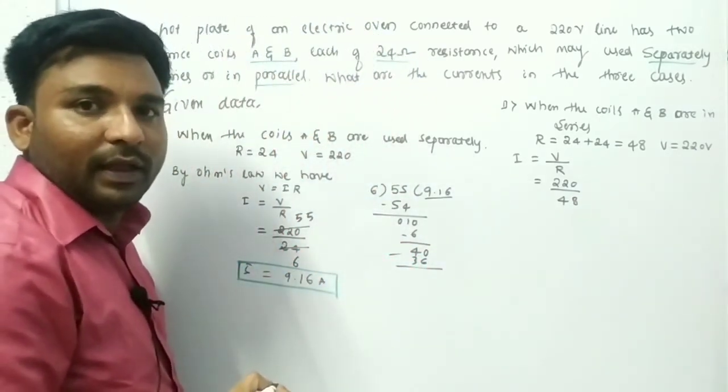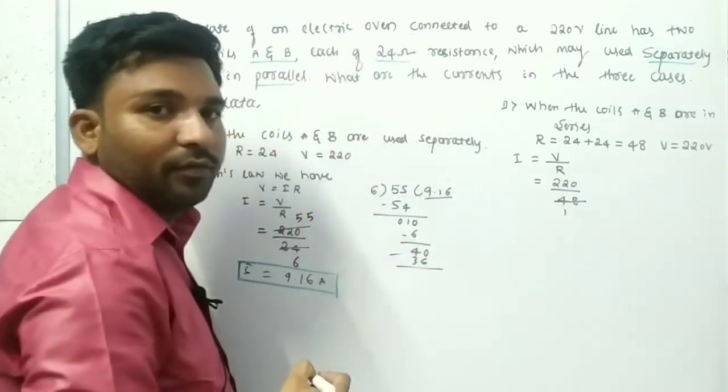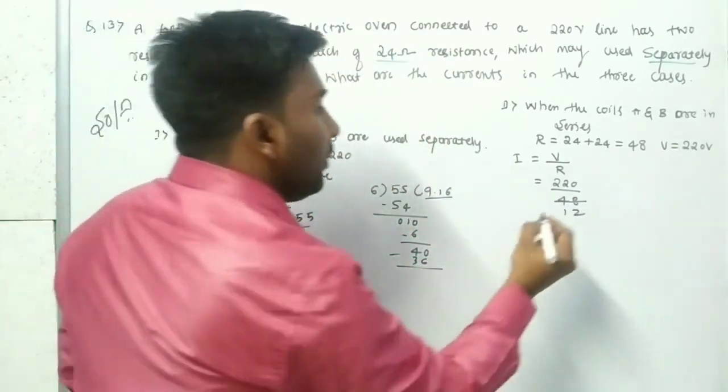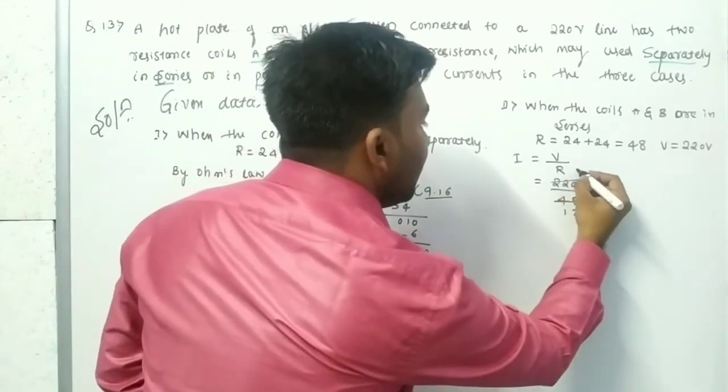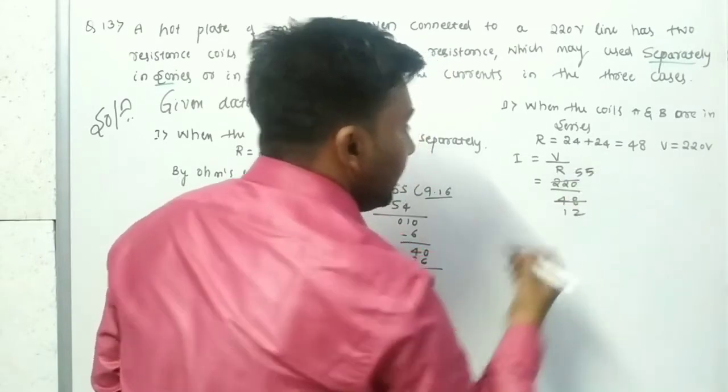Now 4 1s are 4, 4 2s are 8, 4 5s are 20.